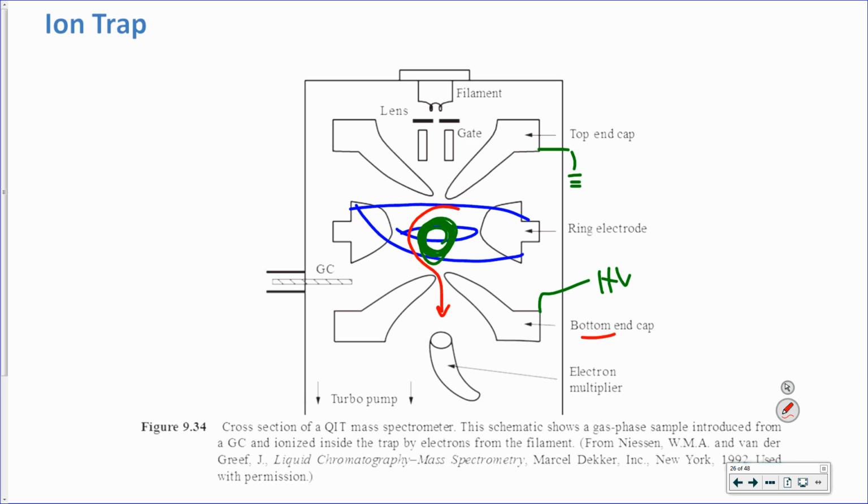Now, the reason this is called a trap by name is that you can suspend ions in here for seconds at a time. You can actually do some unique chemistries because you can create all these ions. You can throw out all the ones in a mass below, all the ones in a mass above, right? And then you could introduce something for them to run into. So they're spinning around here at high speed.